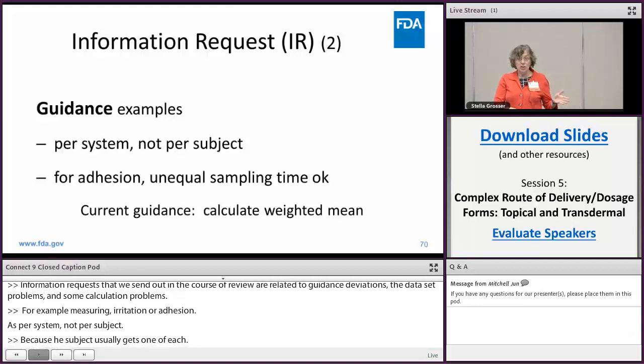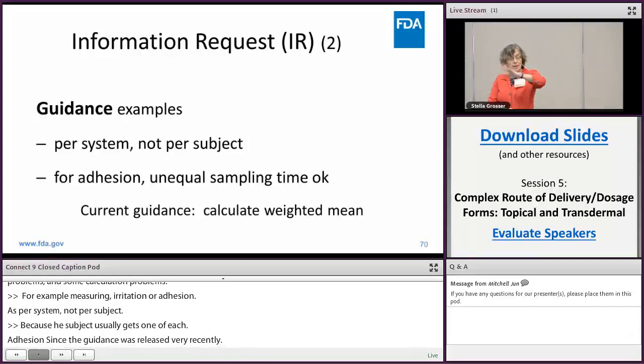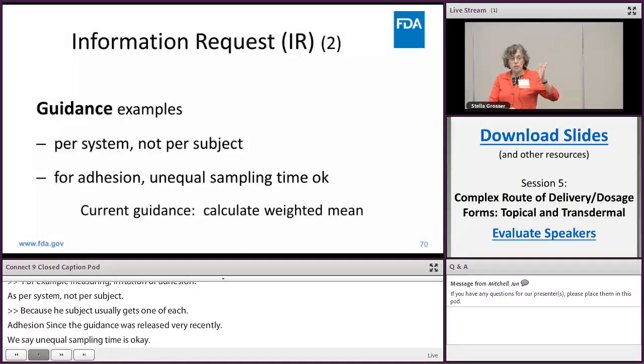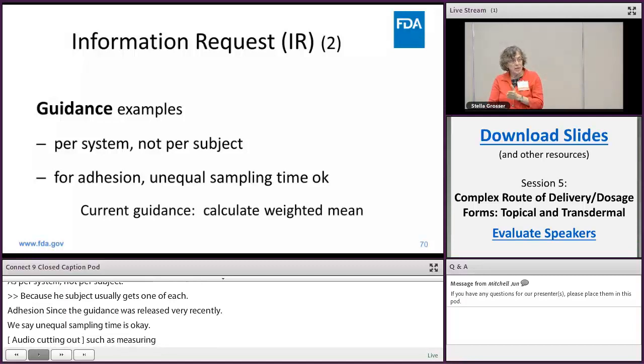So if you're measuring to capture the metabolic course, and you measure 1 hour, 2 hours, 3 hours, 6 hours, 9 hours, 15 hours, it's unequal sampling times, but we can adapt. We take a weighted mean of the adhesion scores.